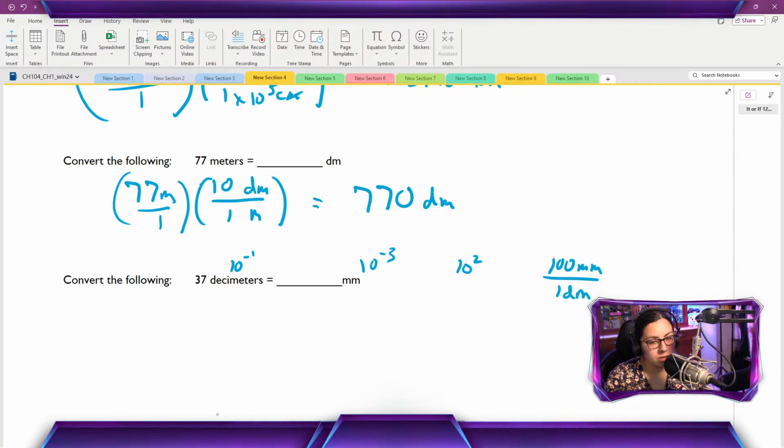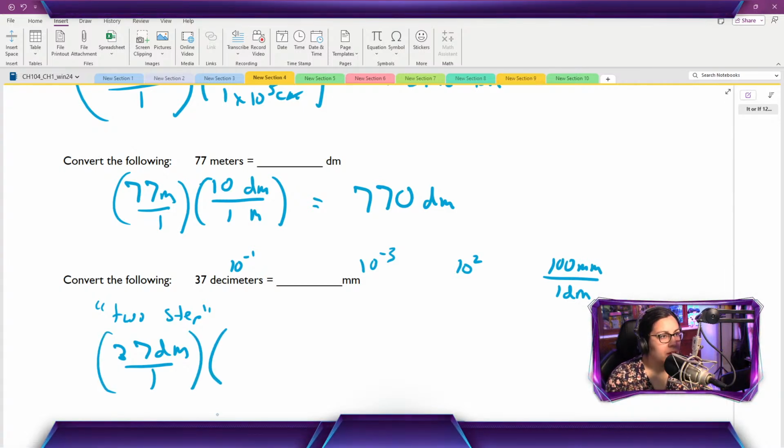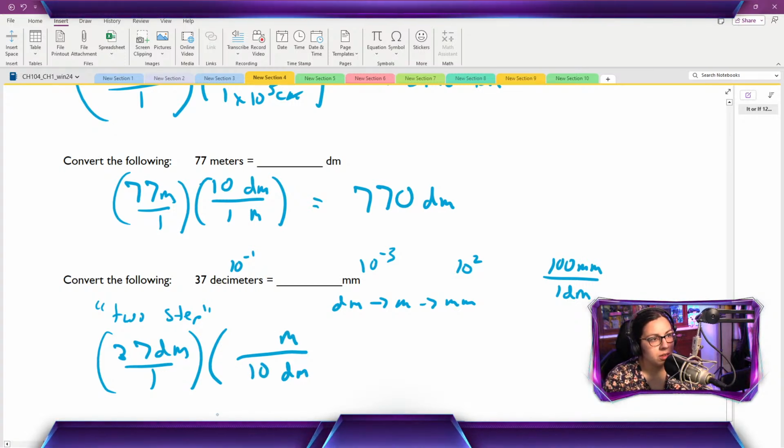Or, so let's do our 2-step method. Let's go 37 decimeters. And so we want to go decimeters to meters, then to millimeters for 2-step. And so decimeters on bottom, meters on top to cancel. So that's divided by 10. And then meters back to millimeters.